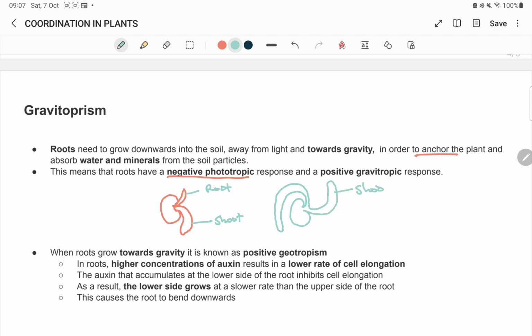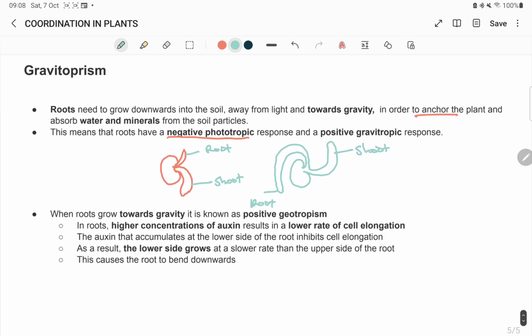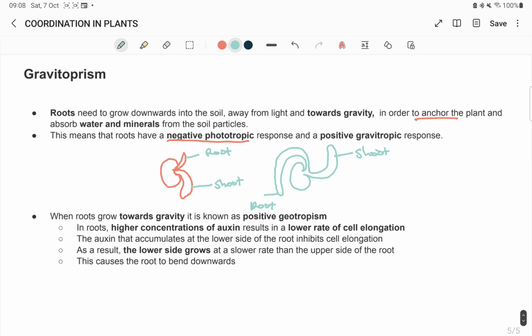So this is our shoot and this is our roots. So if we are to put it in a horizontal manner, where you have the shoots and the roots being horizontal, the same thing will happen.